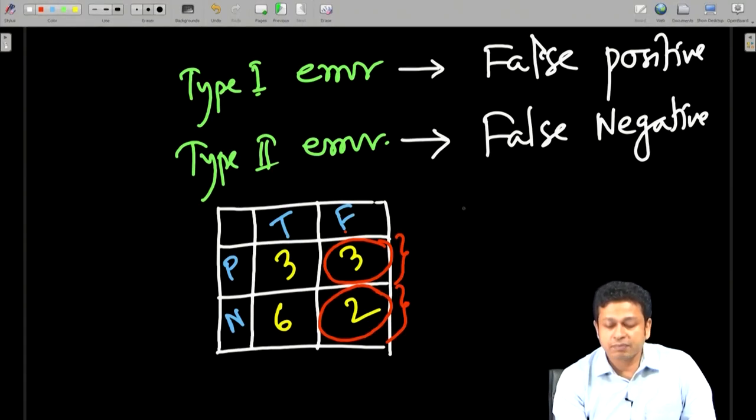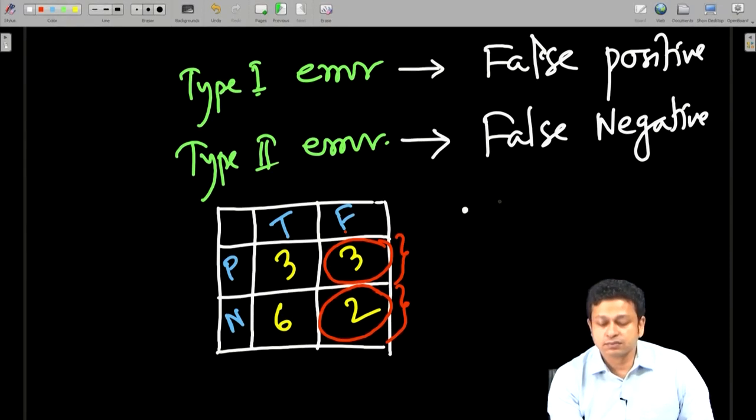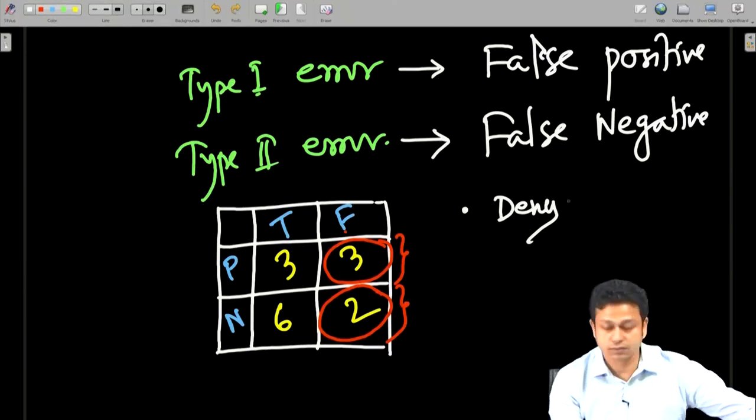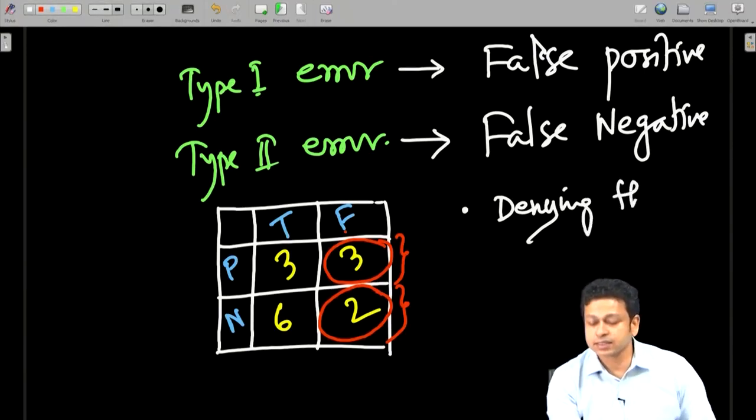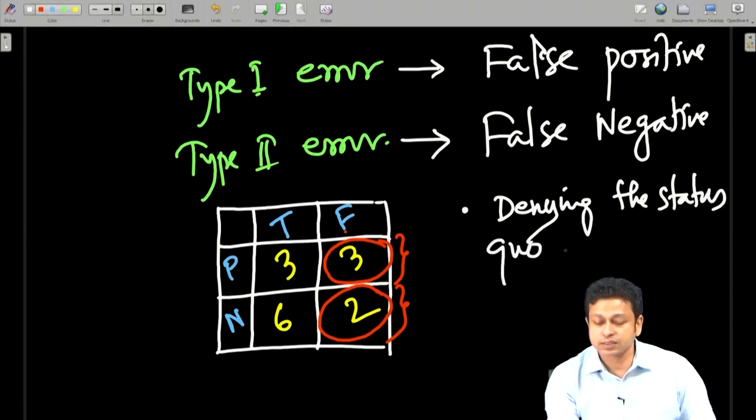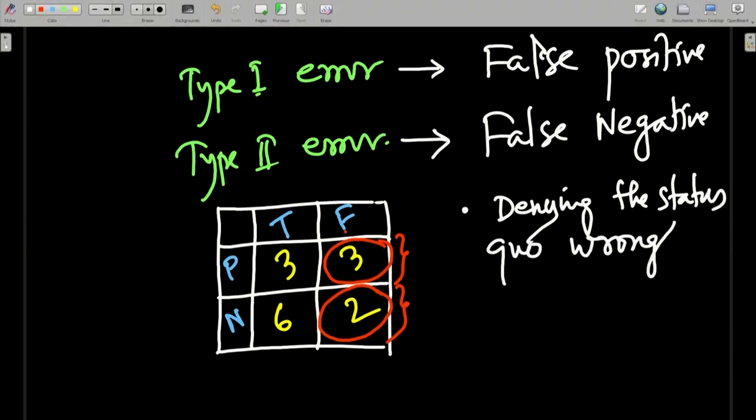because what is happening here is that you are denying the status quo, wrongly, right? I am saying that I do not have COVID, but my test is saying that I have tested positive.